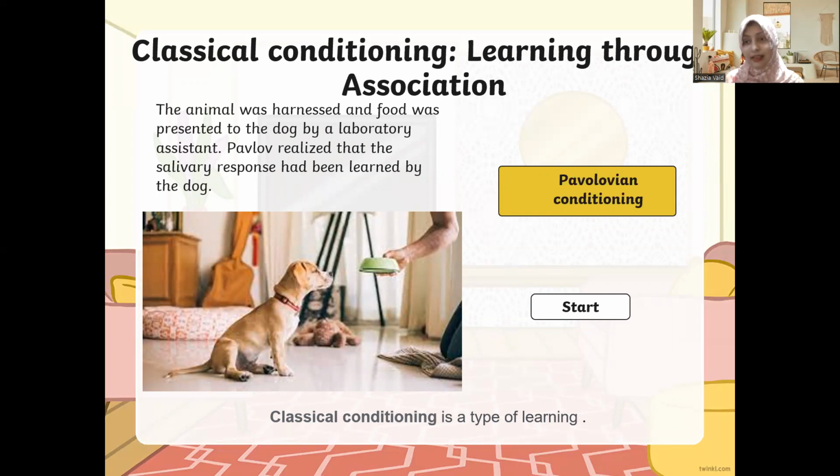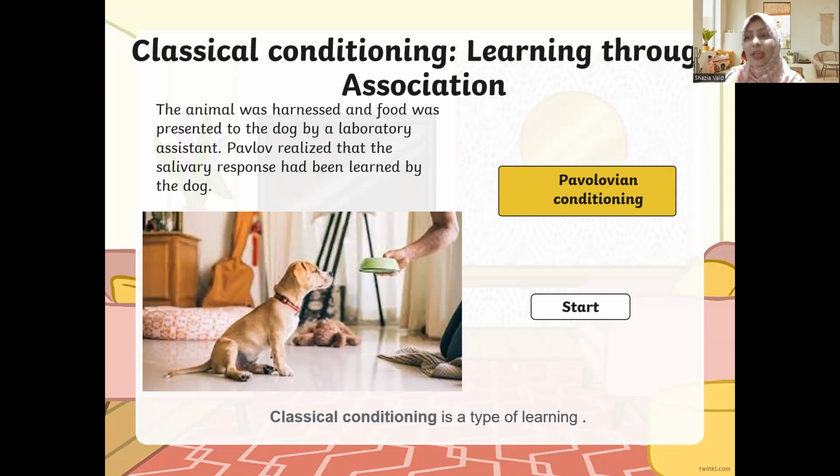What is classical conditioning? Classical conditioning is also called learning through association. That means here we learn to associate one thing with another thing. This classical conditioning is also called Pavlovian conditioning.